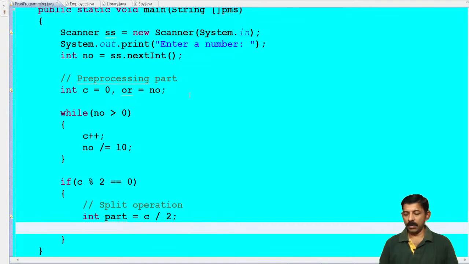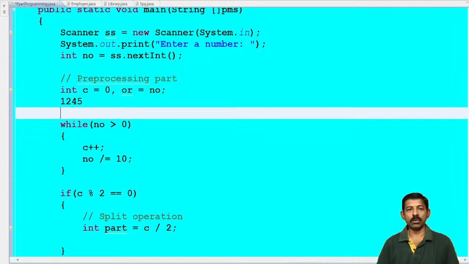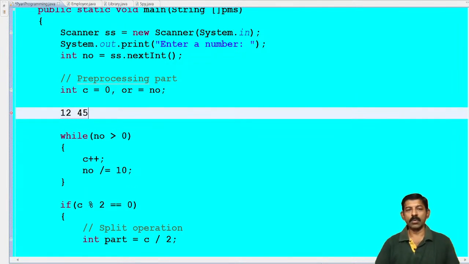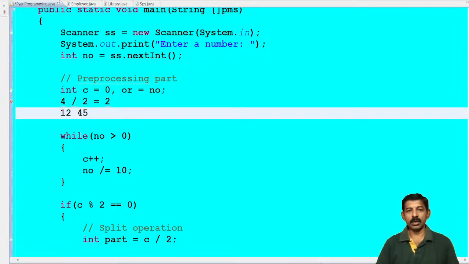Now suppose the number is having 4 digits. The logic lies over here: 1, 2, 3, 4. So that means I have to split it like this, divided by 2. Now suppose the number of digits is 4, so 4 by 2 will give me 2. So that's why I will get 2 digits. Now suppose the number is having 6 digits.